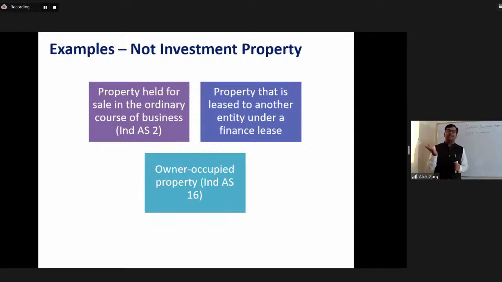And if it is derecognized in the books of the lessor, then no question arises whether it is an investment property or a PPE, because that asset is no more in the books of the lessor if the lessor is giving that asset on a finance lease basis. So we are already aware of this fact under our accounting standards as well. Understood?